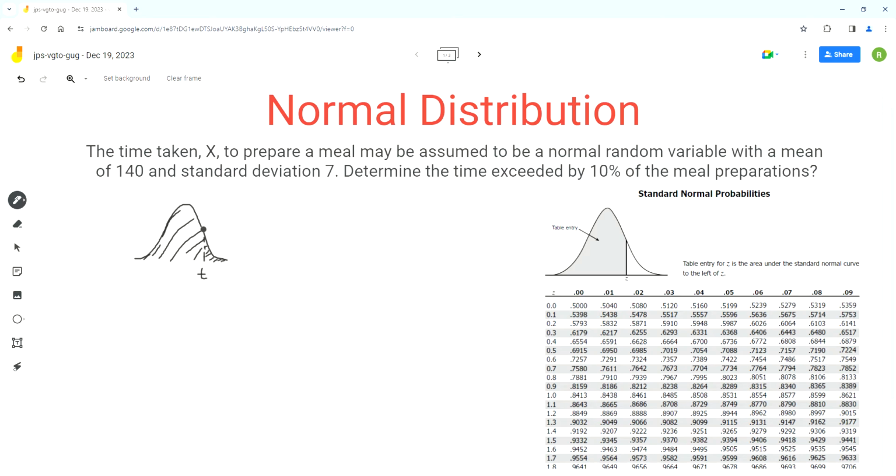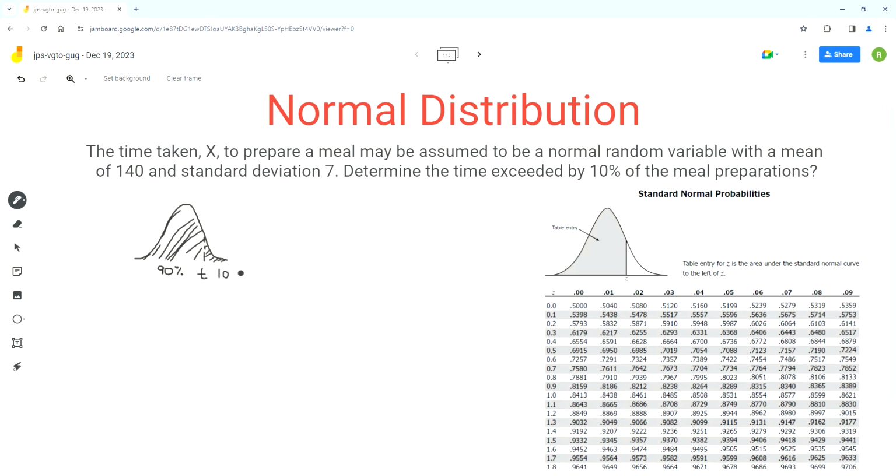So we have to use the concept of z-score to calculate this time based on the fact that this time exceeds 90% of the meal preparations. This 10% here represents the area under the graph to the right side of the time.